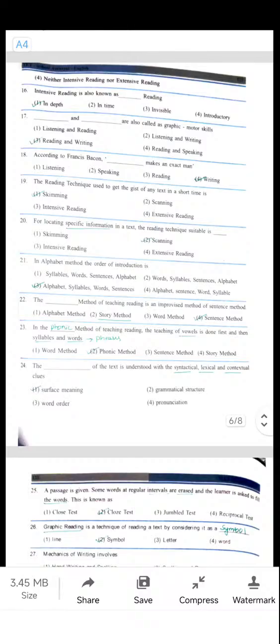Notice that it is the phonic method. Next, the surface meaning of the text is understood with syntactical, lexical and contextual clues.